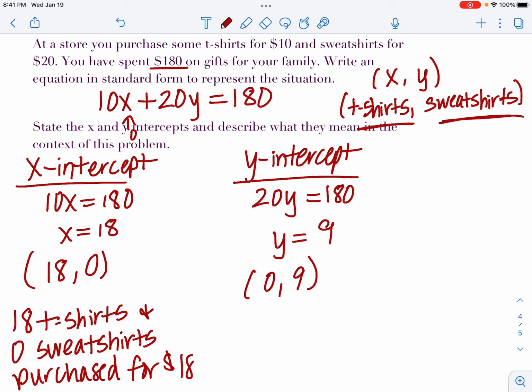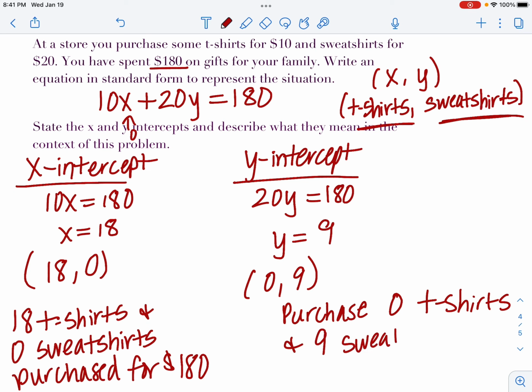The y-intercept point tells me that I am able to purchase 0 t-shirts because the x value is 0, and 9 sweatshirts because my y value in this point is corresponding to the number of sweatshirts, once again for a total of $180.